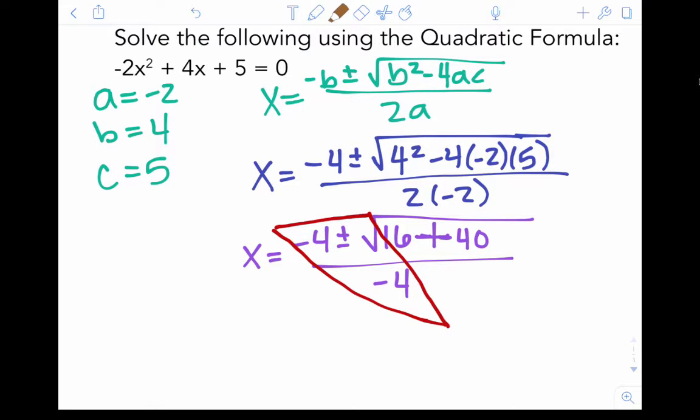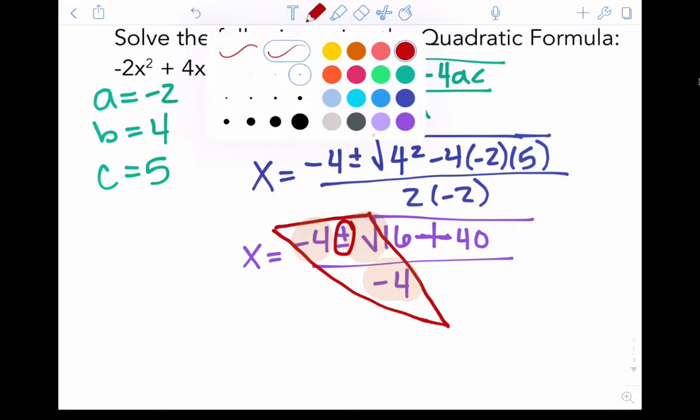So you need to have something here, here, and here that simplifies. So they all need to simplify together. And this is all because of this plus or minus sign there. So if you have something that simplifies in all three of those spots, then you can make some of those numbers disappear, which is why I call it the Bermuda triangle.